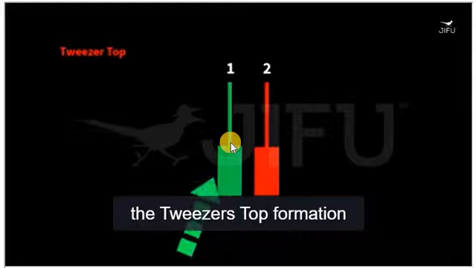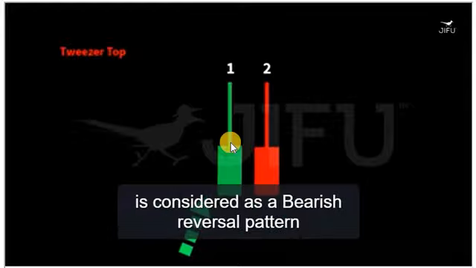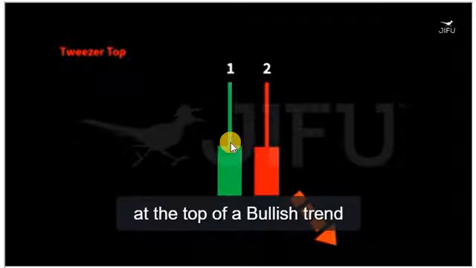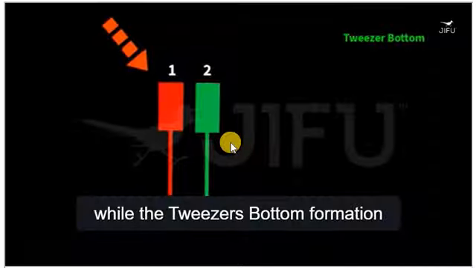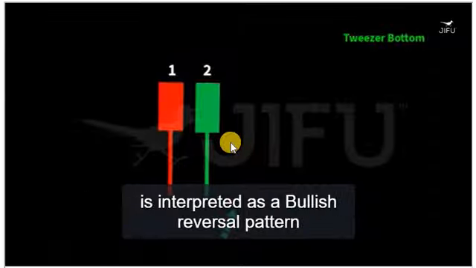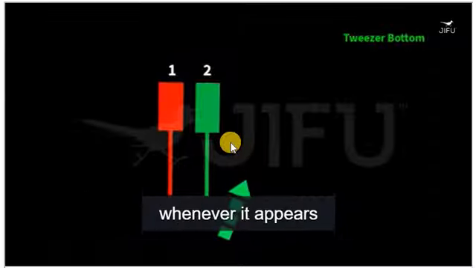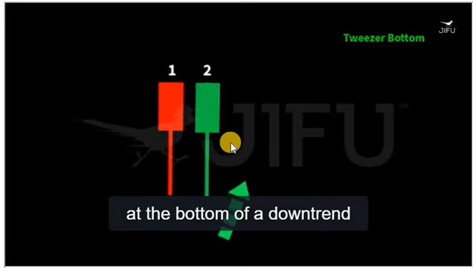The tweezers top formation is considered a bearish reversal pattern whenever it appears at the top of a bullish trend, while the tweezers bottom formation is interpreted as a bullish reversal pattern whenever it appears at the bottom of a downtrend.